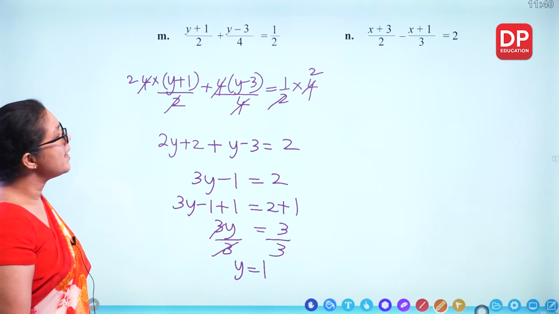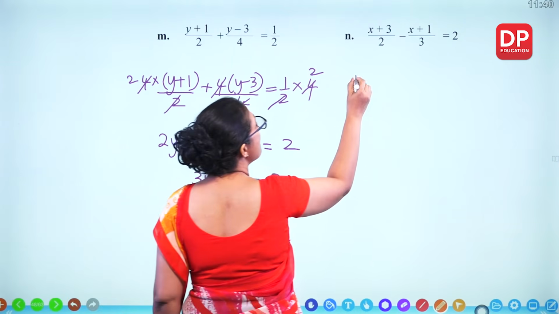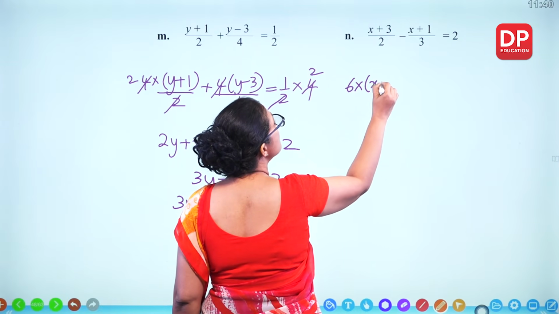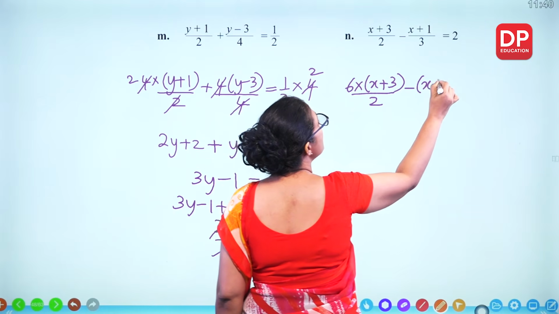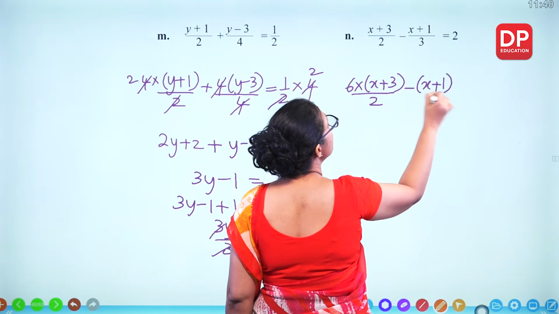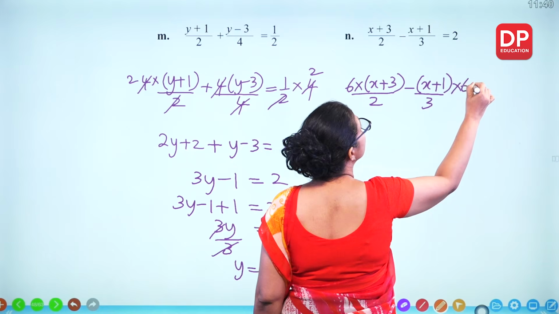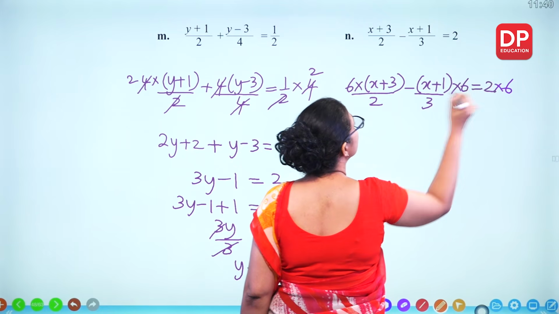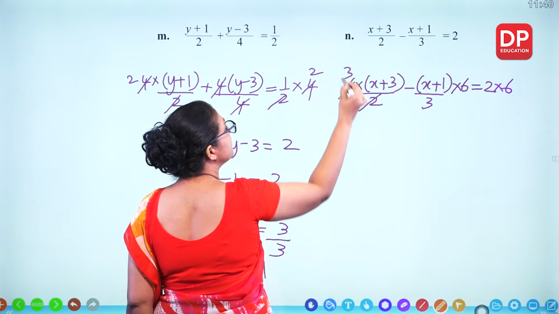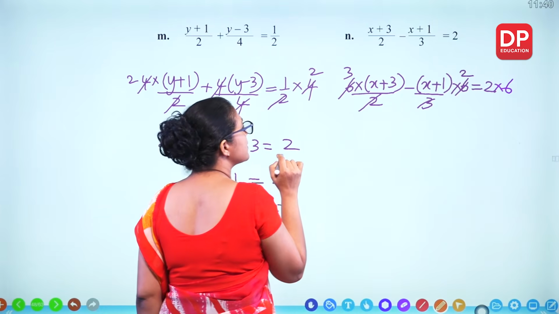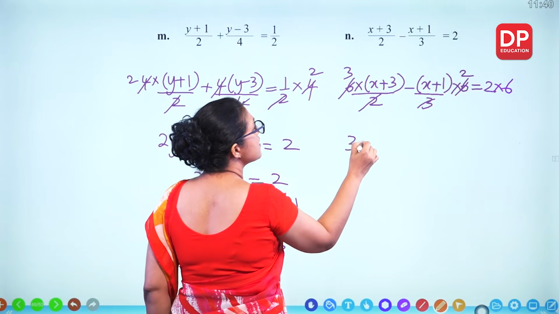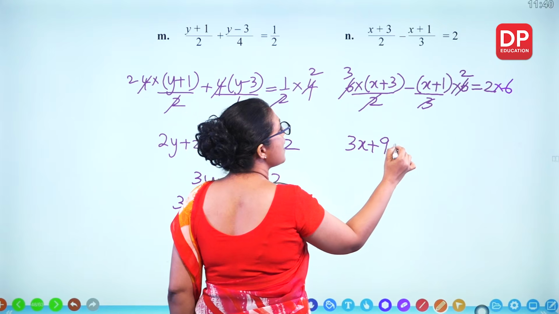This one, 2 and 3 in the denominator. Multiply all terms by 6. Make sure that you put brackets here. 2 times 3, 3 times 2. Now open brackets, expand. 3x plus 3 times 3, 9.